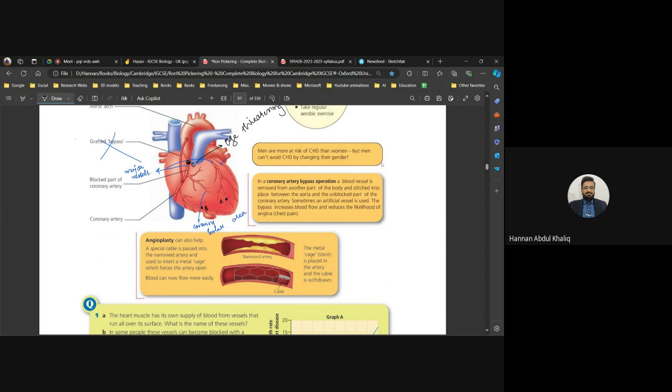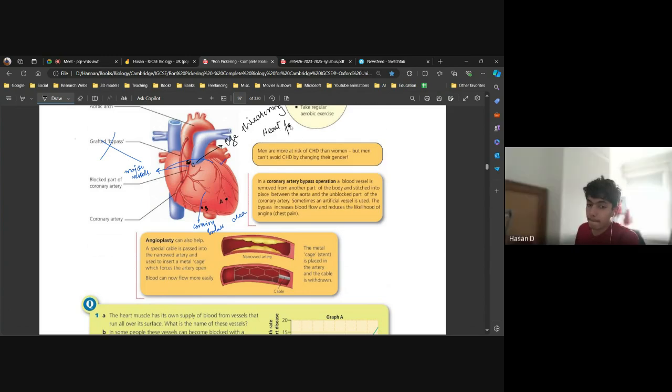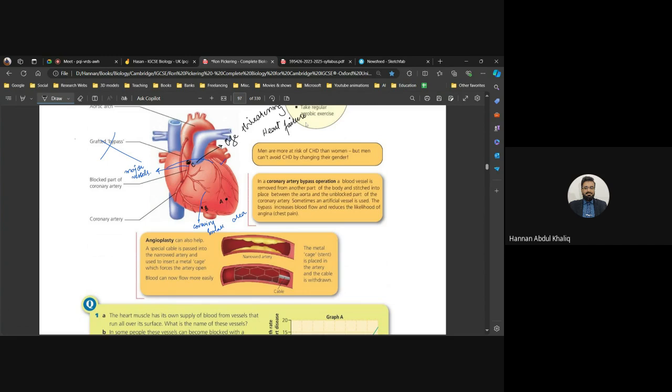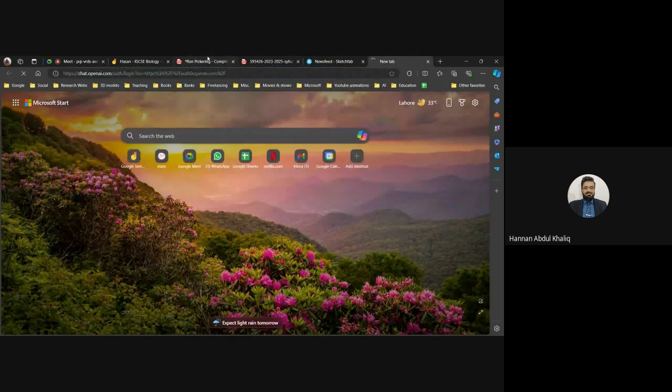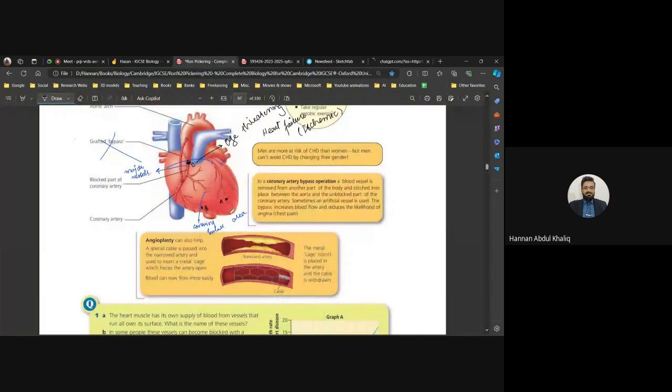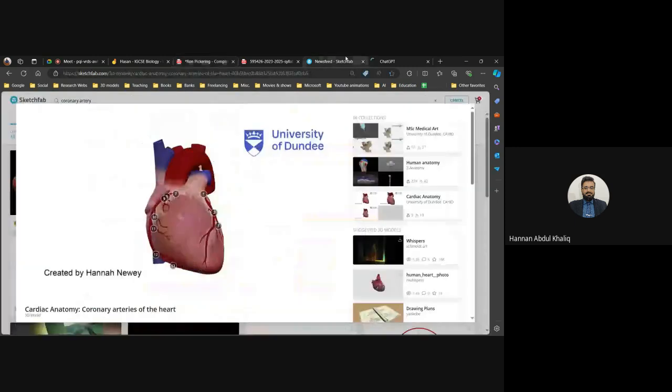There is literally heart failure. It is also called ischemic heart problem, the heart getting less blood, and people with a less damaged area can survive.